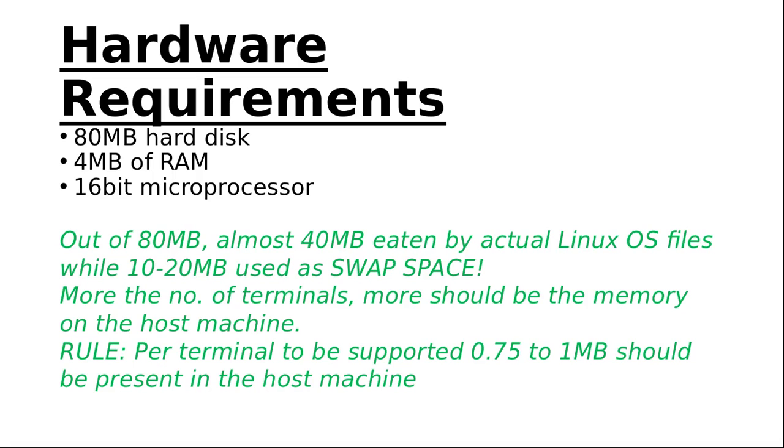However, one more question is that we all know that Unix is a multi-user operating system in which we have a host machine and different terminals connected to the host machine. So how do we connect the terminals to the host machine? The answer is very simple: through a 4, 8 or 16 port controller card installed in the expansion slot on the motherboard of the host machine.